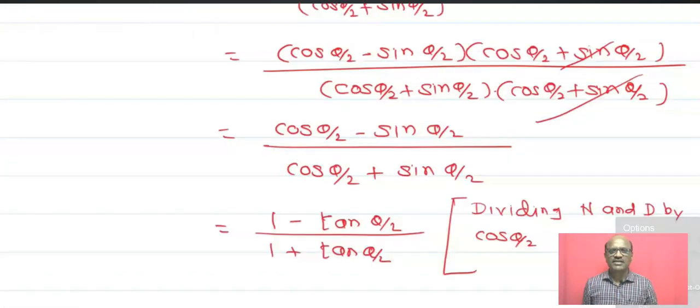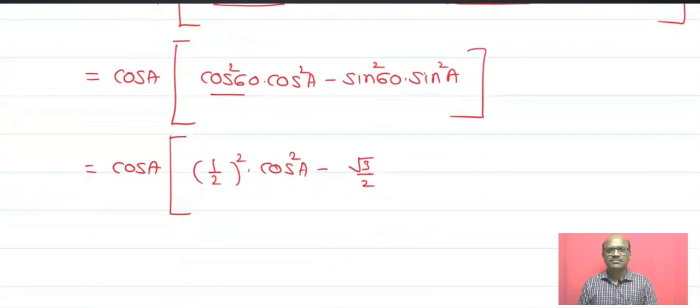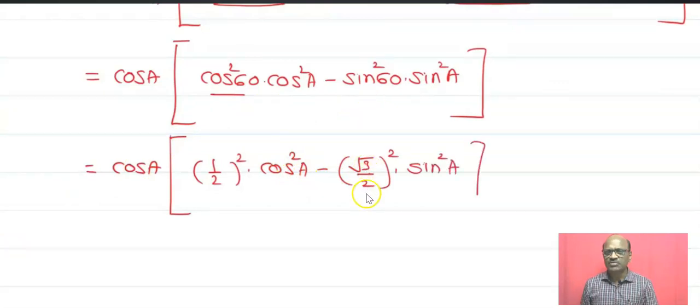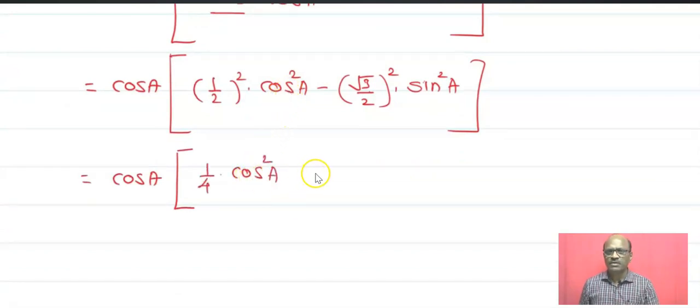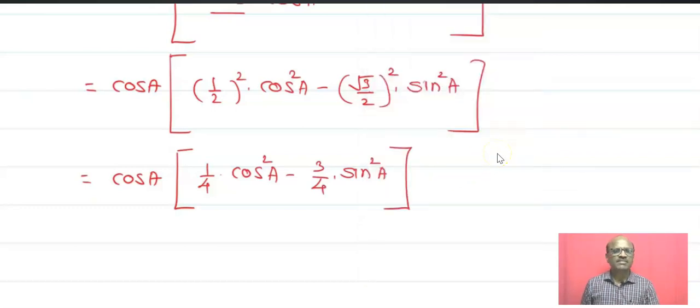Now, we will start here. The value of cos 60 is 1 upon 2, bracket square, cos square A, minus sin 60 is root 3 upon 2, bracket square, into sin square A. That is cos of A in bracket, cos square A upon 4 minus 3 upon 4 into sin square A. And now here we will simplify.